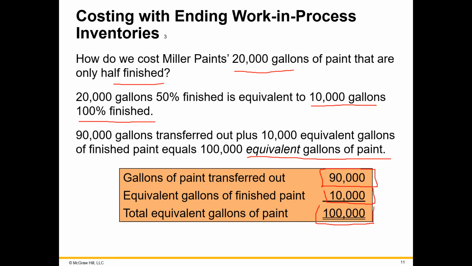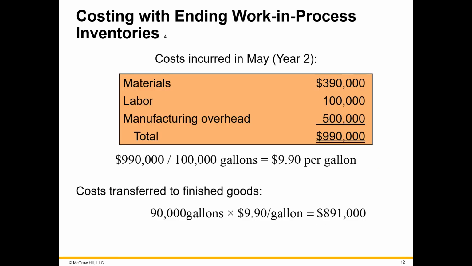The example continues. Now again, this month and the prior month, we produced 100,000 equivalent gallons. But in this month, our materials is actually a little bit cheaper. We paid $390,000 for materials instead of the $400,000.